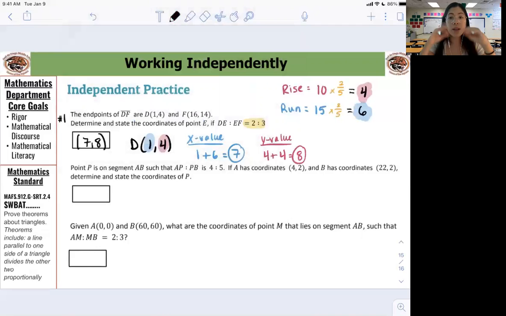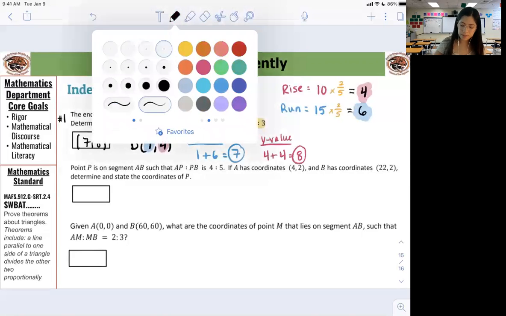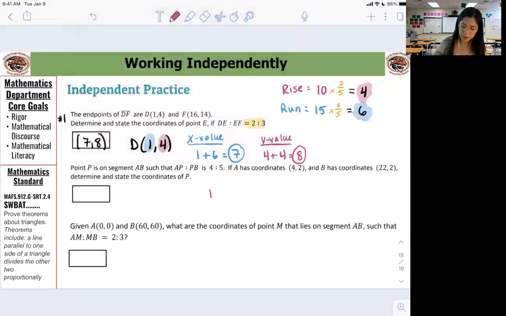Okay. Something very important, guys, that a lot of people I want to make sure you're doing this correctly. When you calculate the rise, so when you do y2 minus y1, make sure you're doing whatever your second point.